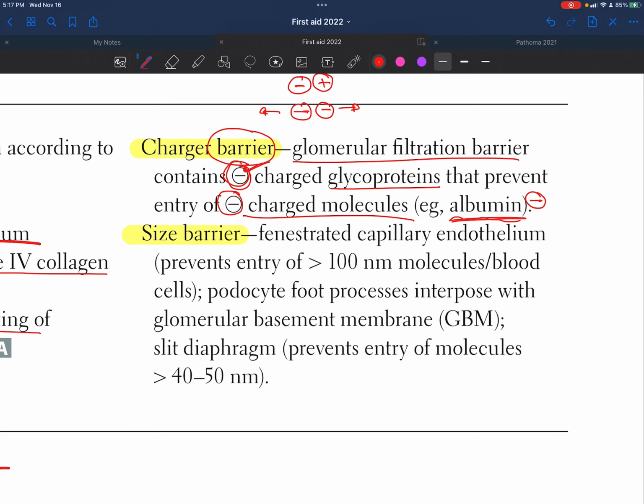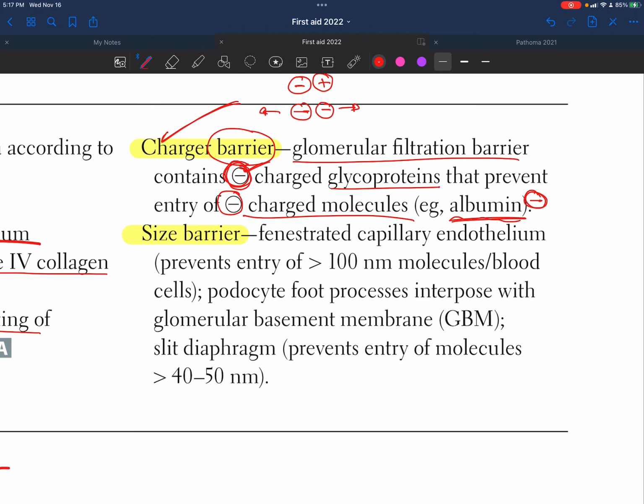The albumin stays in the blood and won't leave into the urine, because it has a negative charge and the barrier also has a negative charge. They repel each other. So the albumin stays within the blood. That's the first method of filtering stuff.